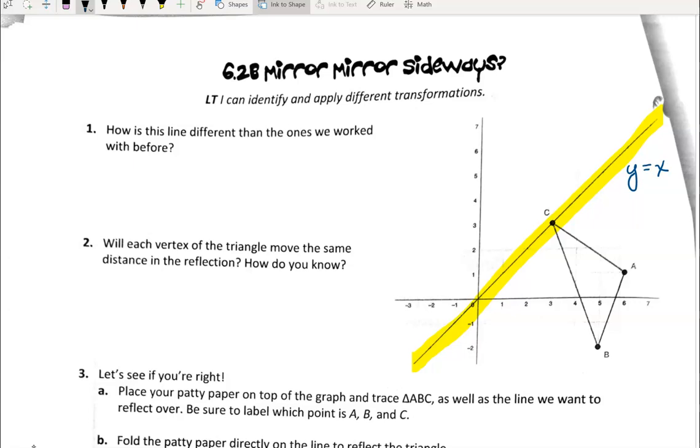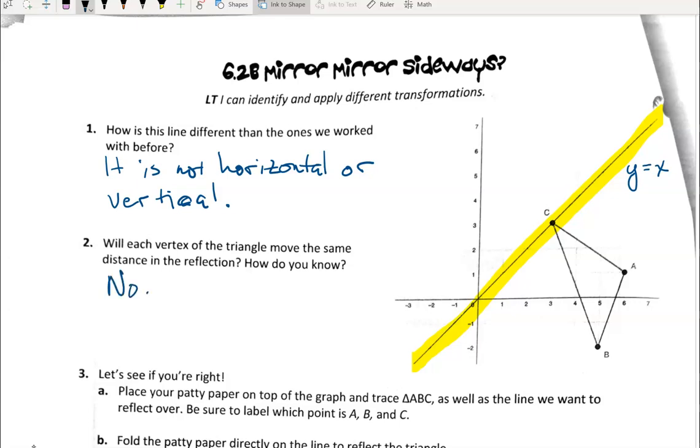So how is this line different than the ones we worked with before? It is not horizontal or vertical. Okay? And will each vertex of the triangle move the same distance in the reflection? Actually, it won't.